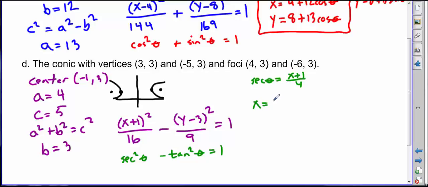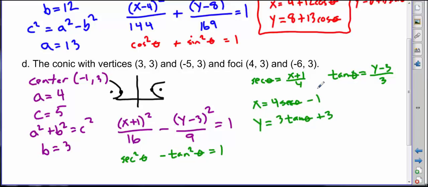So x is equal to 4 secant of theta minus 1. Again, if you want to switch that order, you'd be more than welcome to, and it might even be smart to do that. And we know that tangent of theta would be (y − 3) over 3. So y then would be 3 tangent of theta plus 3, or again 3 plus 3 tangent theta might actually be preferred, but this is fine too.